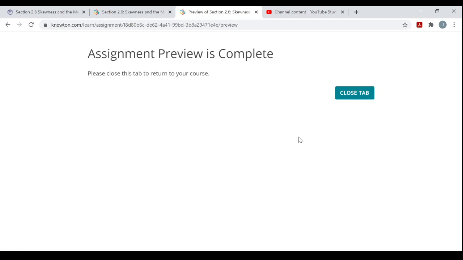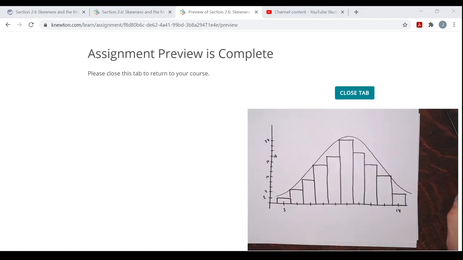And if it's about symmetrical, like this picture here, then the mean and the median will be pretty close. This is not perfectly symmetrical. Only if they're perfectly symmetrical will the mean be equal to the median.